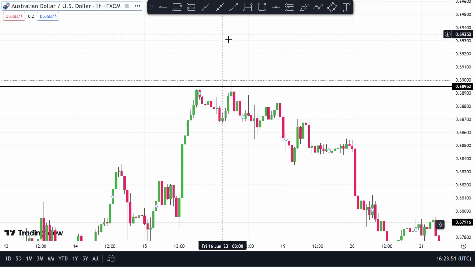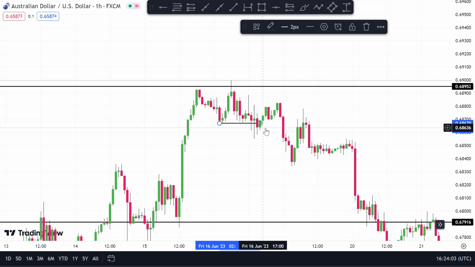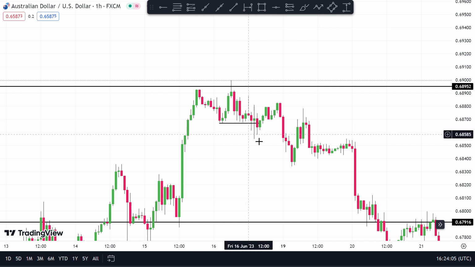This was our last low at this point. Now price has broken past it. If it was a wick that breaks past this low here, then I would not have considered it.